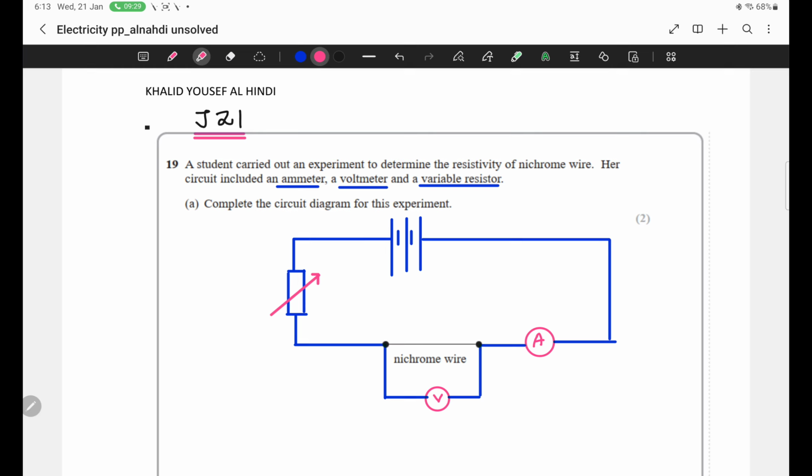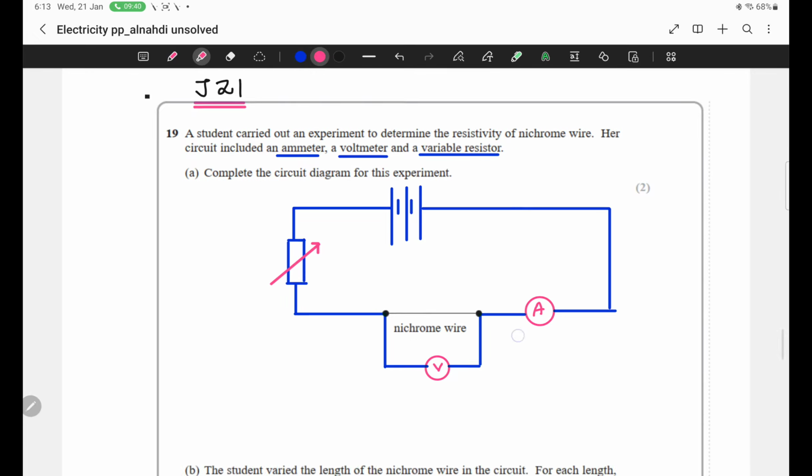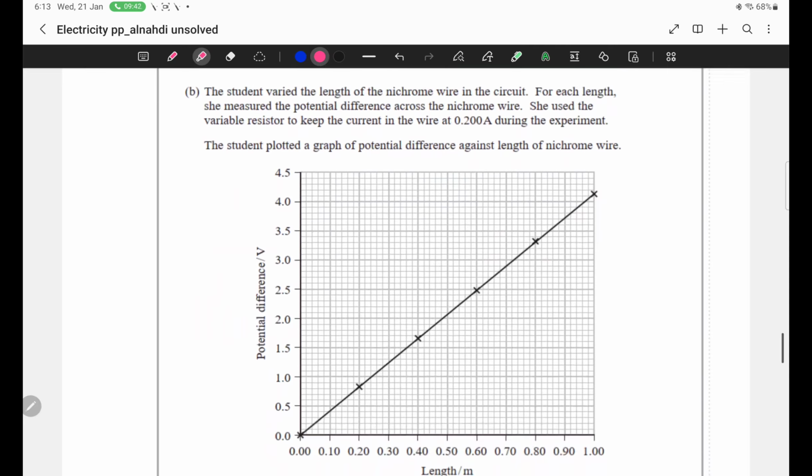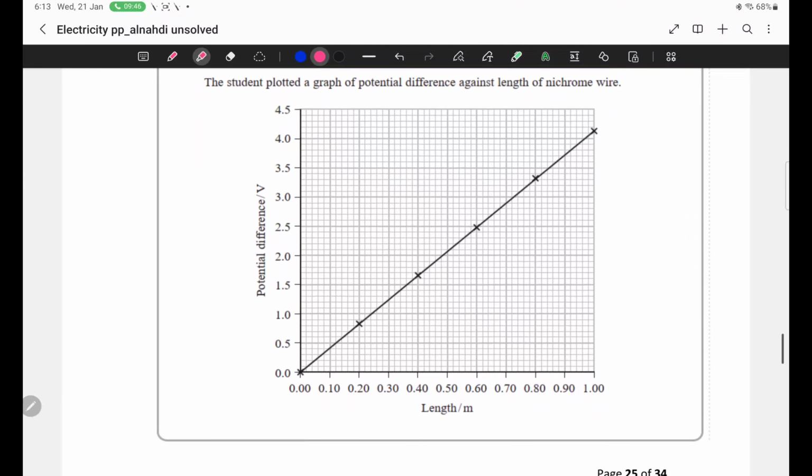And you know, a variable resistor is used to vary the current of the circuit. And in the last class, we studied that resistors are used to control current. Now we are solving the question. We are given a graph, and the graph is not voltage versus current. This graph is voltage against length.